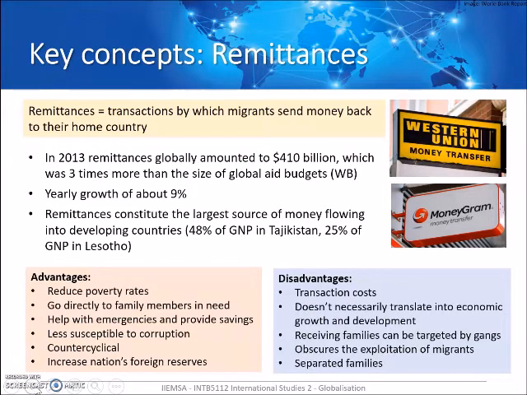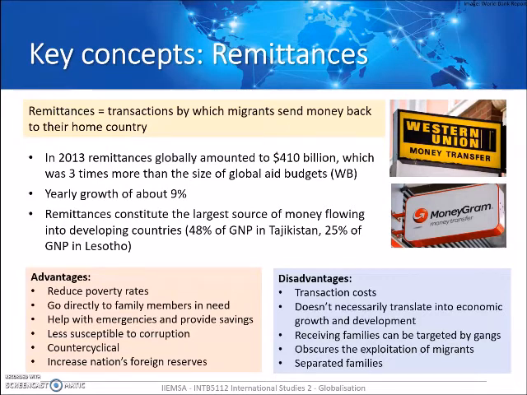As usual, there's also disadvantages, although in this case, it's not necessarily big ones. One is transaction cost. We already said there is a fee on the transaction of remittances, which is profit that goes straight to the companies that provide the service. So there is a loss there.